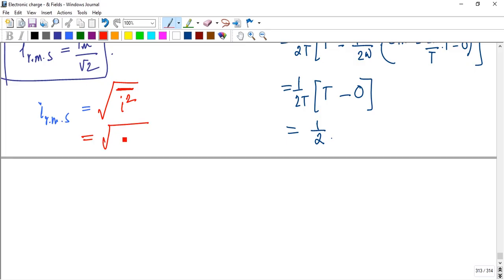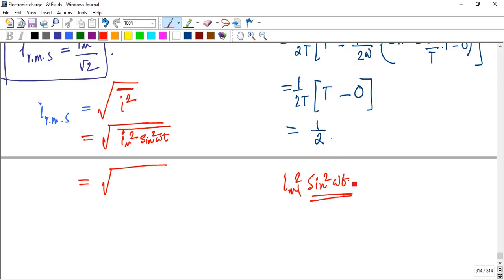Here I square means Im square sine square omega t, and then we take the mean. Now calculate the mean of Im square sine square omega t.